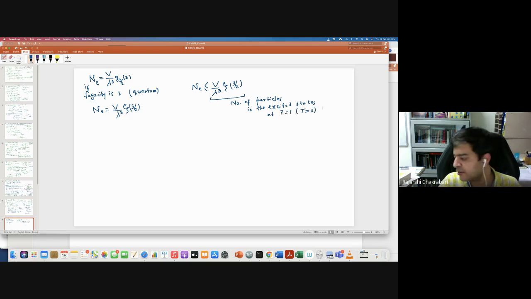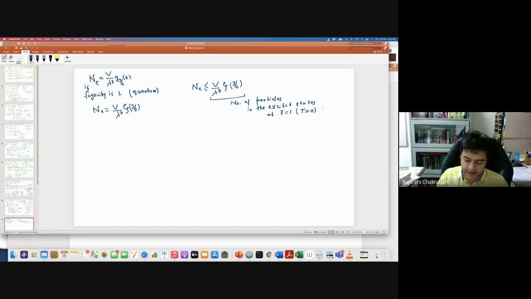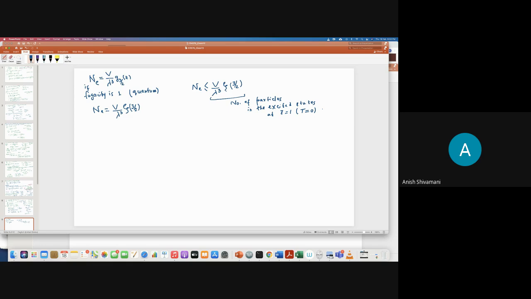Is this clear? If you have a problem, tell me what I have done here. Shouldn't it be greater than or equal to? Greater than or less than? At very low temperature, nearly all particles are in the ground state.